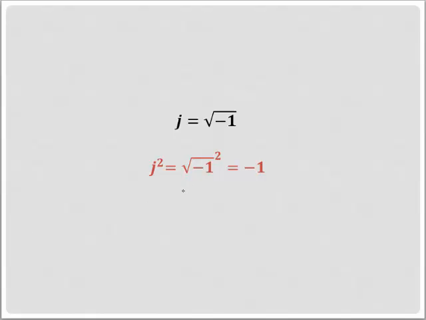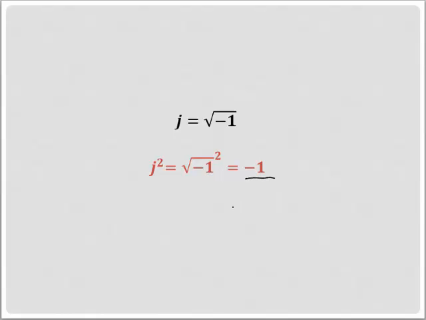All right, let's add on to this concept. We know that negative 1 underneath the radical comes out as j, but there's a very nice thing that happens when we square that j. If we square that j, we know that it's radical 1 squared, and the square root of anything squared comes out as the number that's underneath the radical.